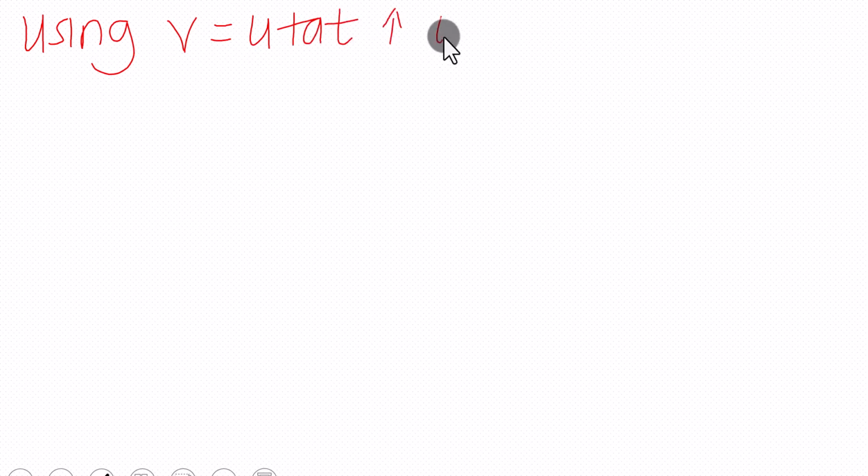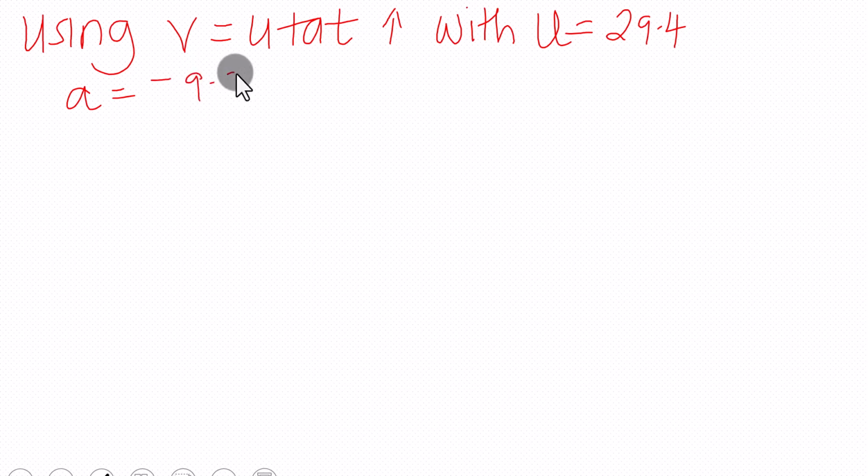Using the first equation of motion, v is equal to u plus at, and considering vertical motion with u equal to 29.4, a equal to negative 9.8, and v at maximum height equal to 0.